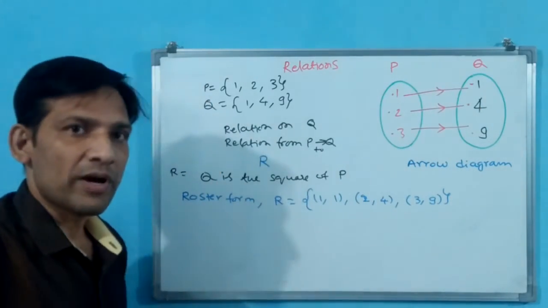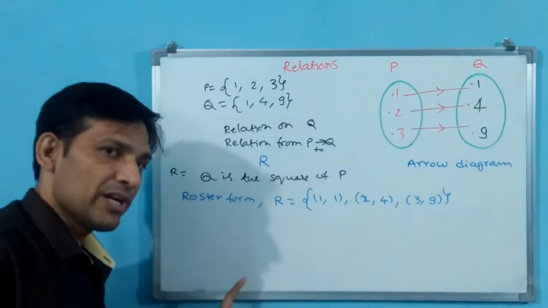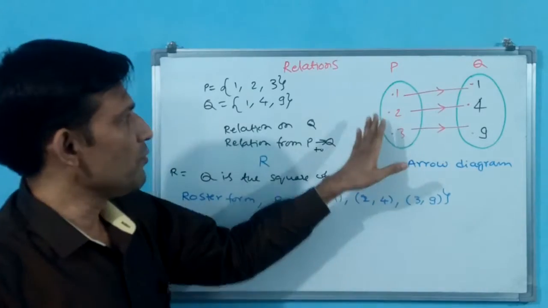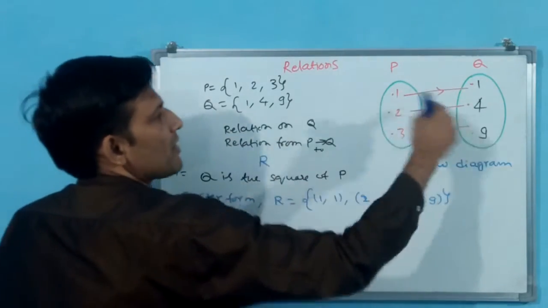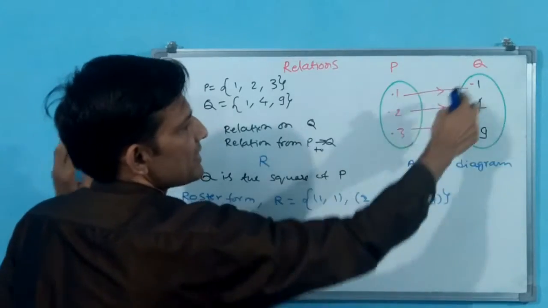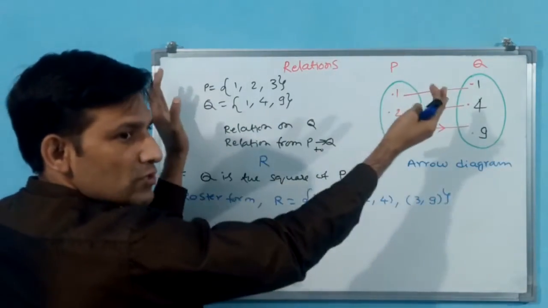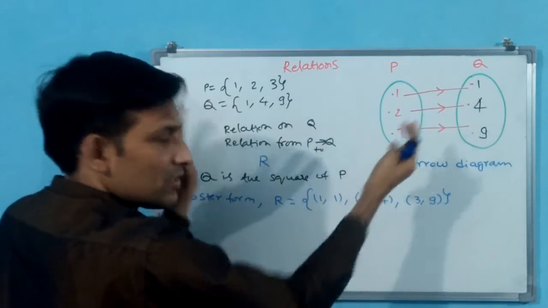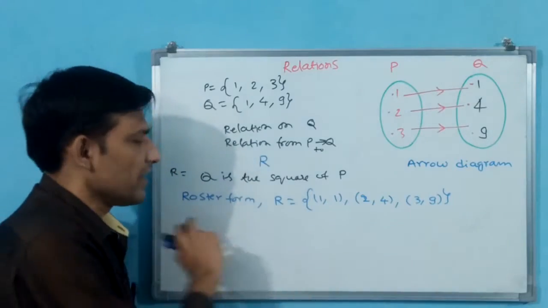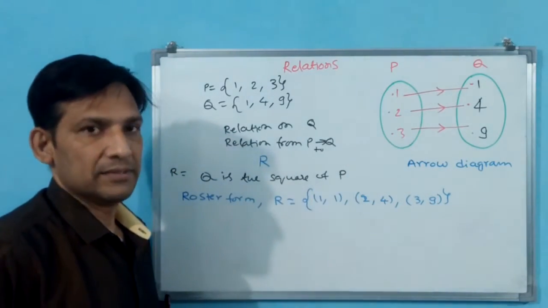That is the Cartesian product, but this is not the Cartesian product. This is a relation, but a relation is a subset of the Cartesian product. Among those elements, these are subsets if you observe. That is why a relation is a subset of the Cartesian product.